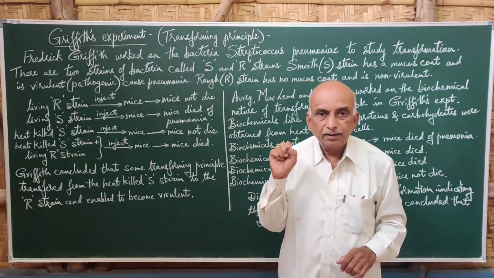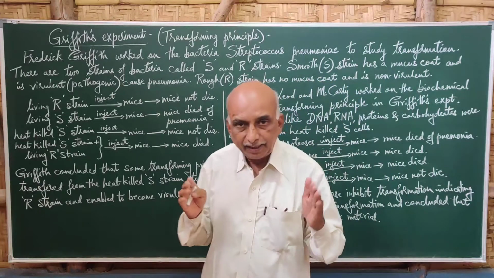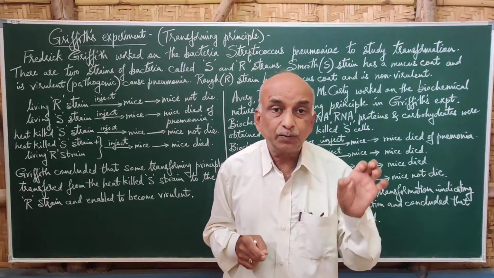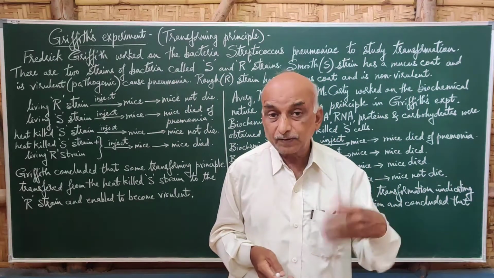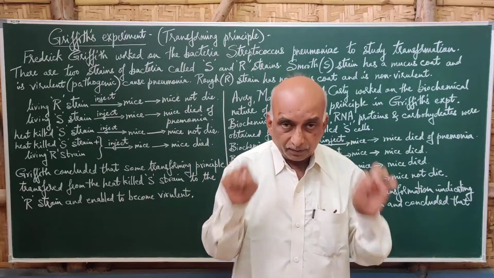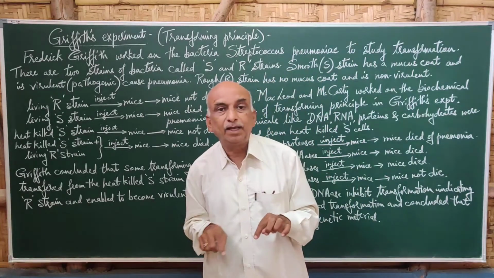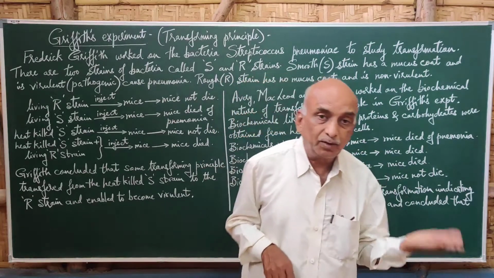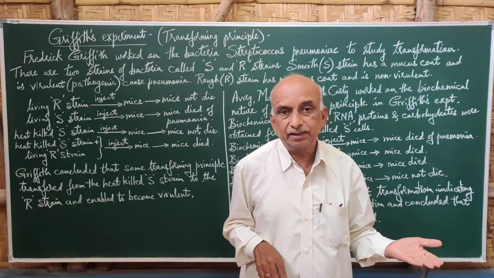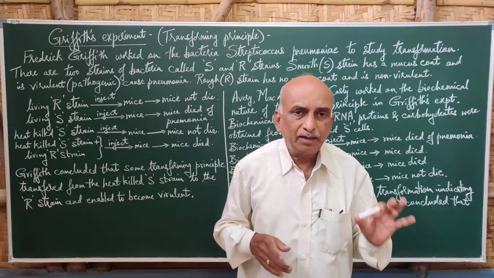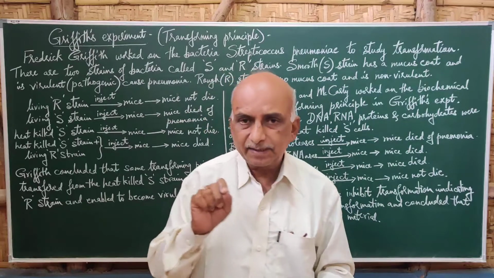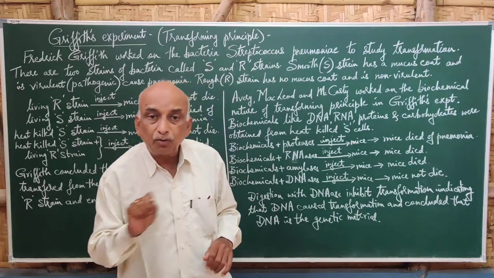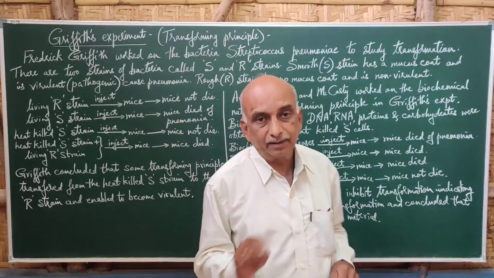One more pointer: the S strain is virulent, it is pathogenic, it causes pneumonia, because of its protective mucus coat. But the R strain does not have any such mucus coat, so it does not cause pneumonia. It is non-virulent, non-pathogenic, in other words.